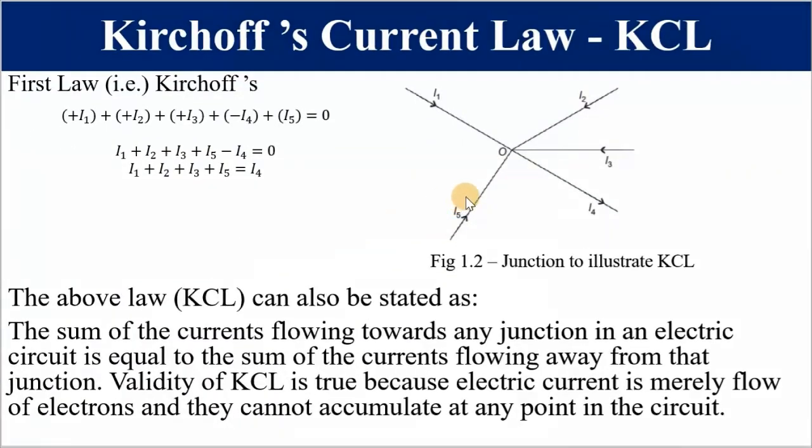In this slide, we've got a point 0, and we've got currents flowing towards the point 0, and also some currents flowing away from point 0. For example, I1 is flowing towards, I2 towards, I3 towards, I4 away, and I5 towards.